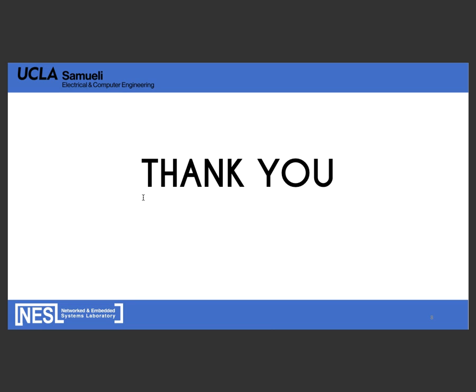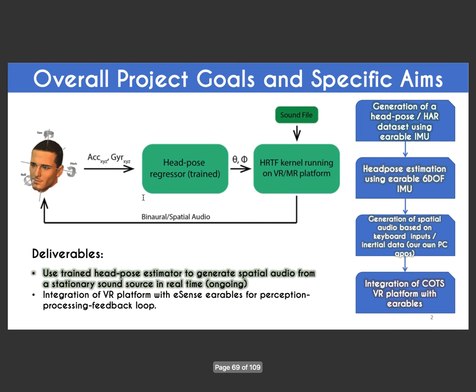Just to understand the high level idea: you are projecting artificial sound in this VR space, and I'm not quite sure what it would feel like to a user once you're complete. Okay, so you are in this virtual world, and the wearable sensor is tracking your head pose.